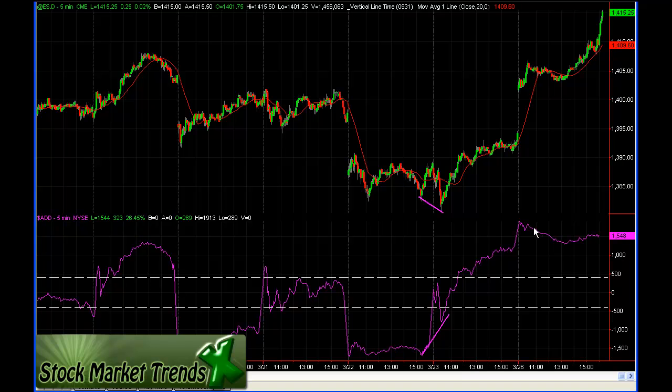The date I'm doing this is, it's now the 27th in the morning, but on the 26th, we had a sharp gap up. There was a big push in the advanced decline line. And then it kind of sloped down as the market relieved some of the over-exuberance to the upside. And then it turned up here as the market ran. Now, it didn't keep pace with the market here.